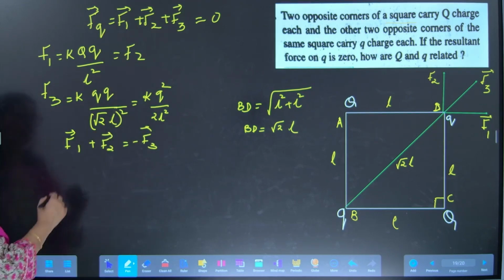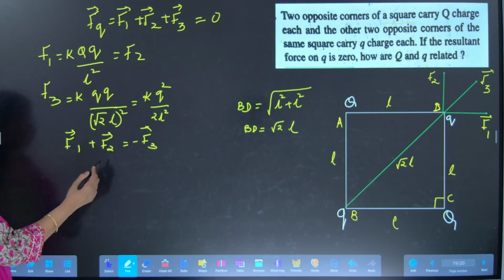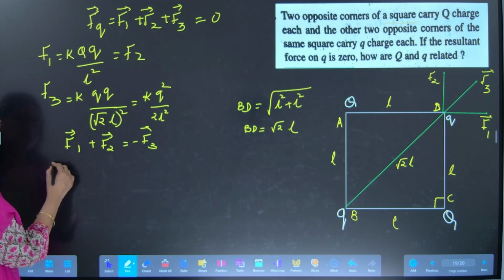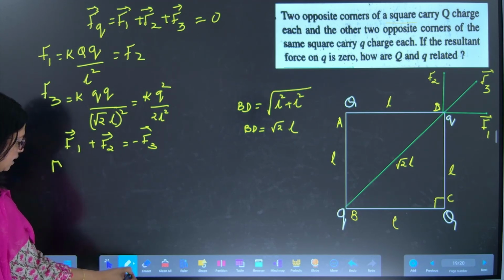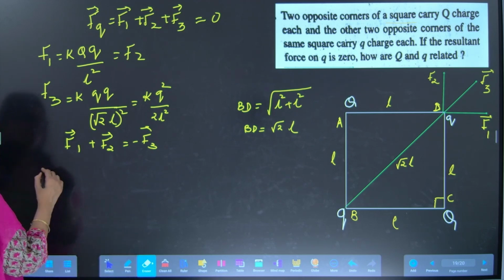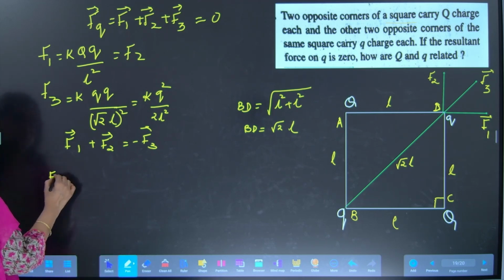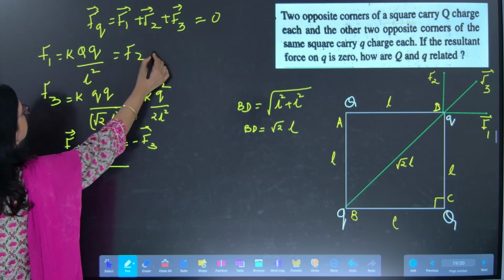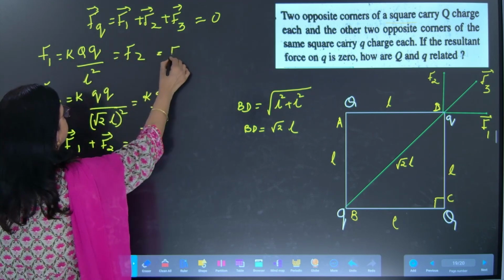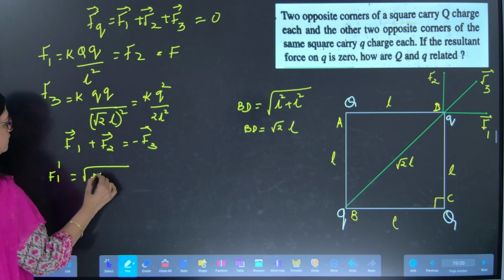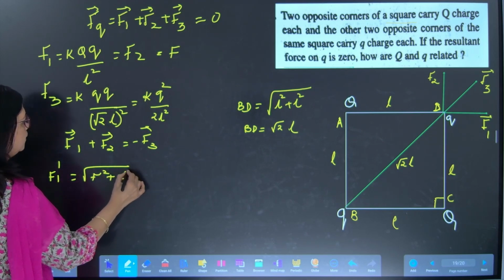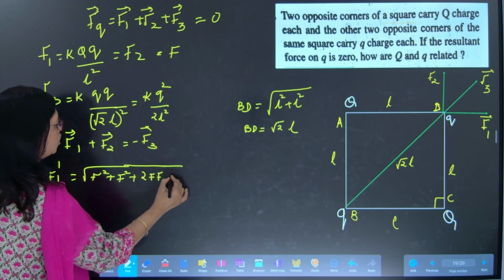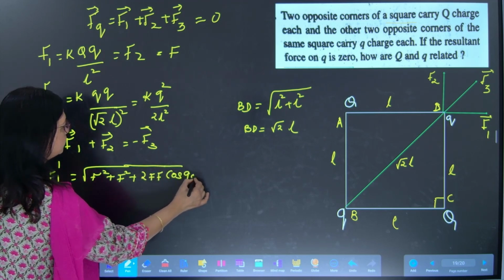Fine. So by adding these two vectors F1 and F2 by the parallelogram law, we can write one force as the resultant of these two vectors, just denoted by F1 dash, which is equal to, again, as we have seen, both are equal, so just write it as F. So I can write it as root of F square plus F square plus 2 F F cos 90.